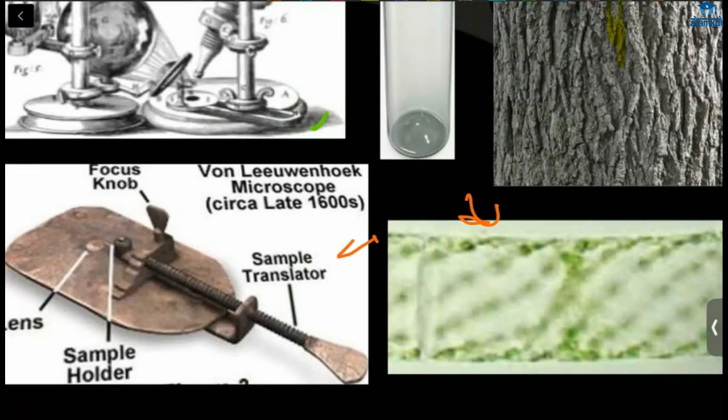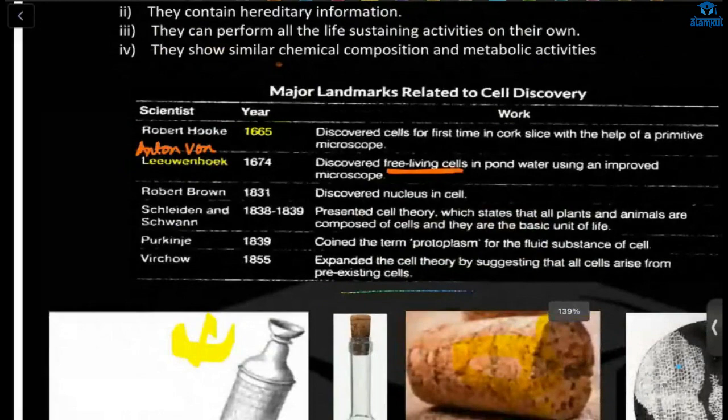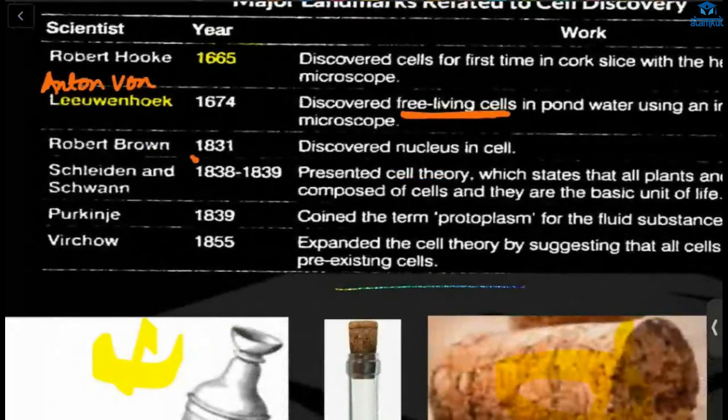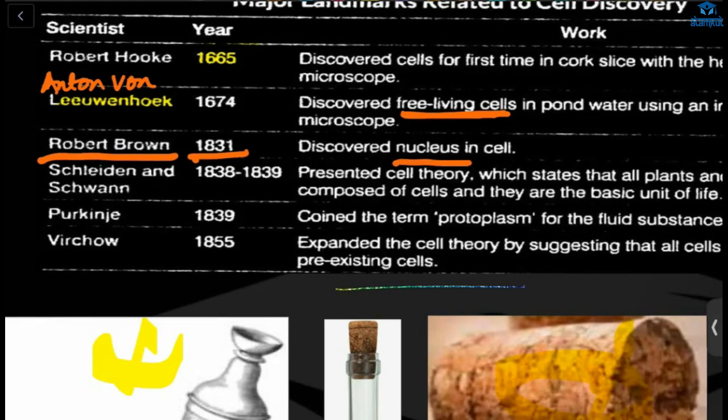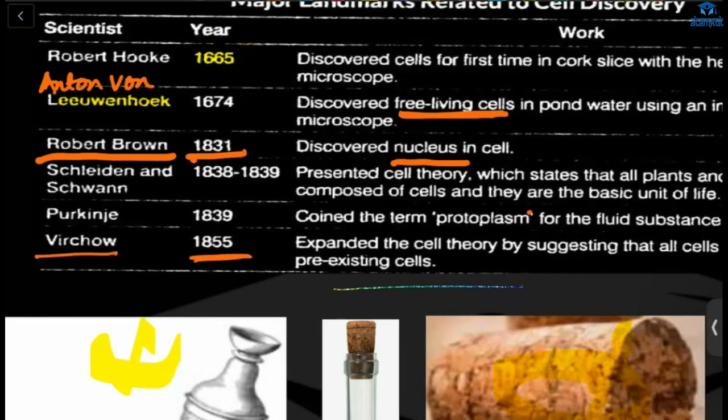He used a microscope and made his own improvements. Then in 1831, Robert Brown discovered the nucleus. Schleiden and Schwann independently proposed the cell theory, and Virchow added one more point to it. Purkinje gave the term protoplasm for the fluid substance present in the cell.